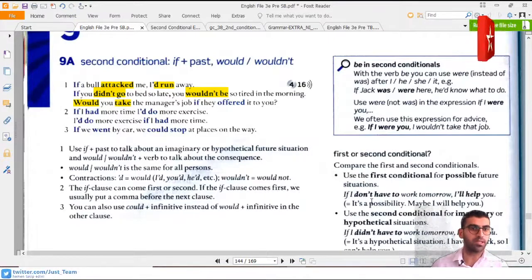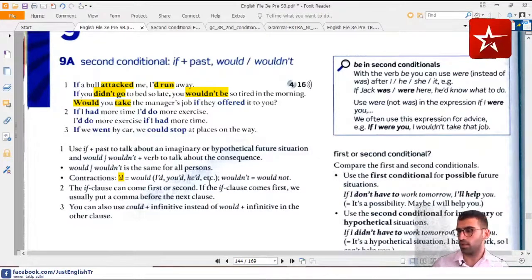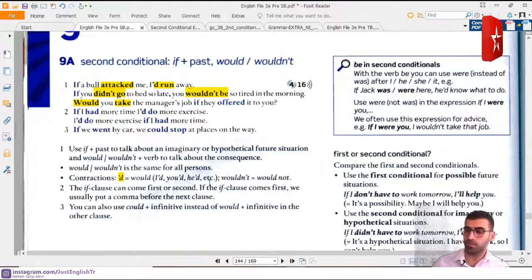We use past simple after if and would in the second part, in the main part. So for contractions, we add 'd after the subject: I'd, you'd, he'd, etc. Wouldn't is would not. Alright? And the if clause can come first or second. As you see from the sentences, in the first one the if clause came first.